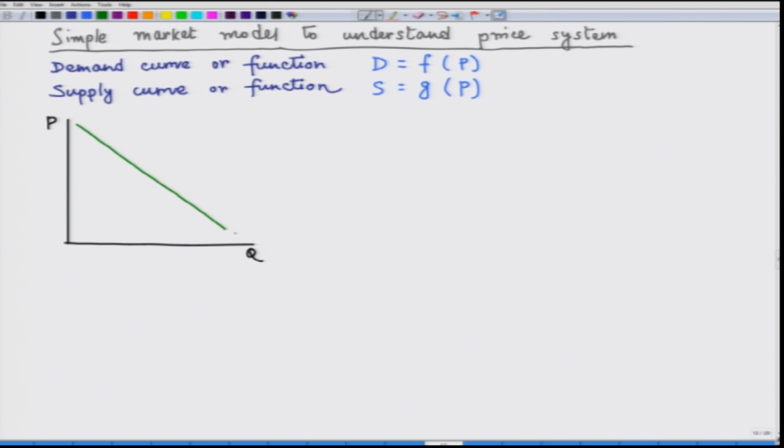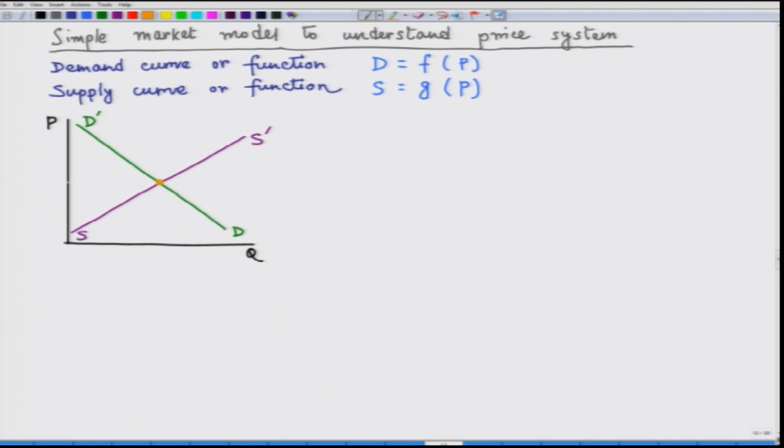So, we have this downward sloping demand function, say DD prime, and we have this upward sloping supply function SS prime, and Adam Smith says that these are the invisible hands, and the market clearance occurs at the intersection of the demand and supply curve.